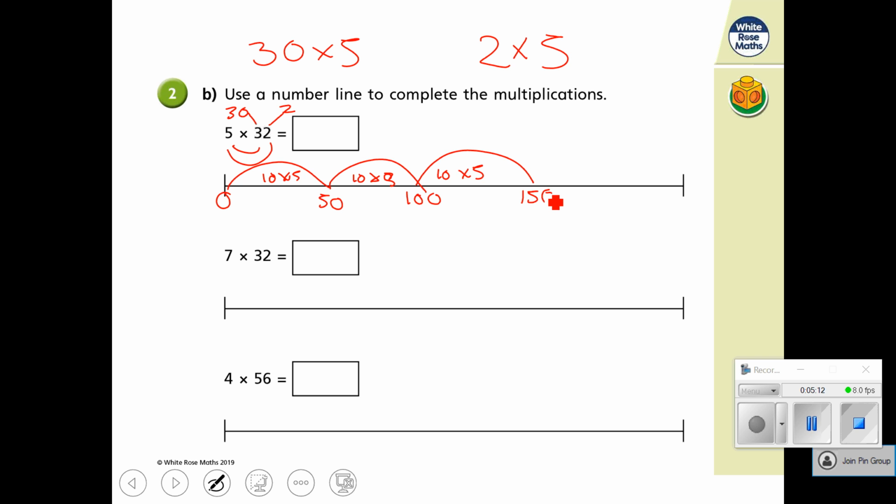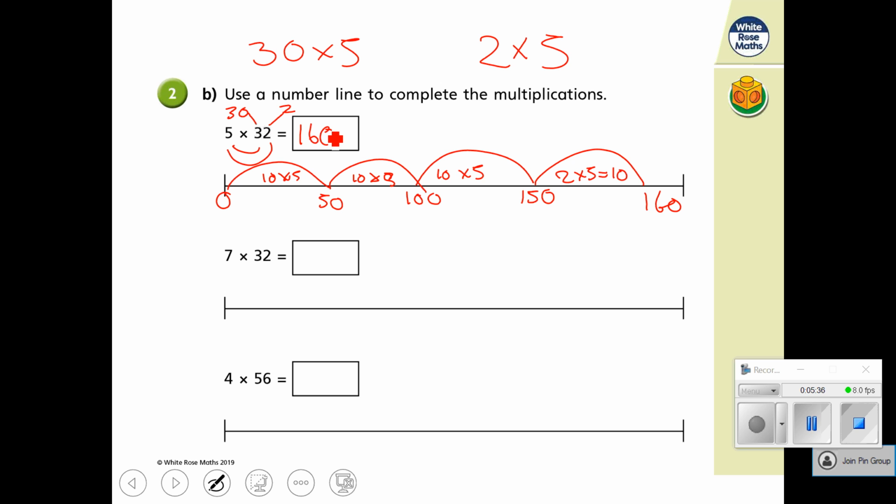So 30 times 5 is 150. I then need to do 2 times 5. So 2 multiplied by 5 is 10. I'm going to add my 10 onto 150, and my answer is 160. Let's try another one.